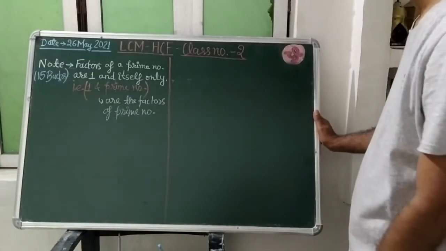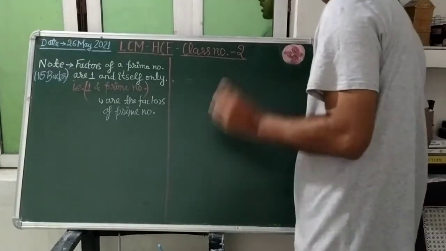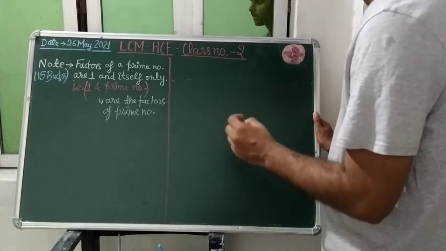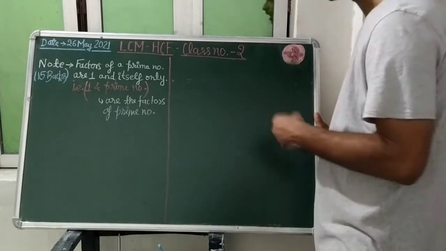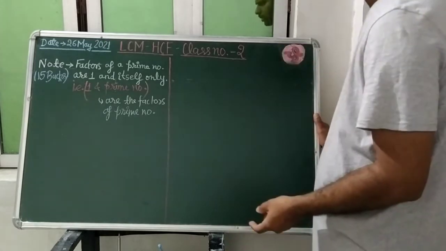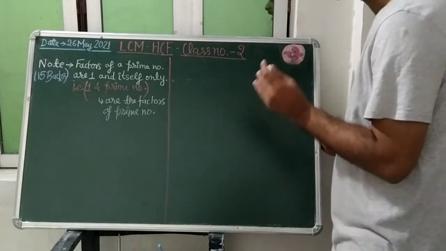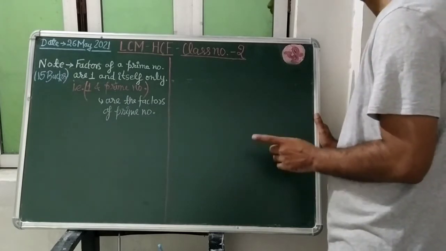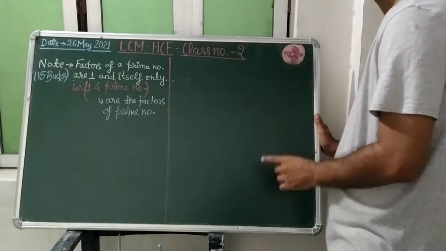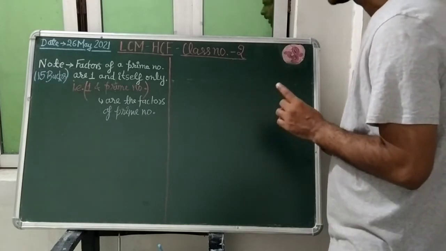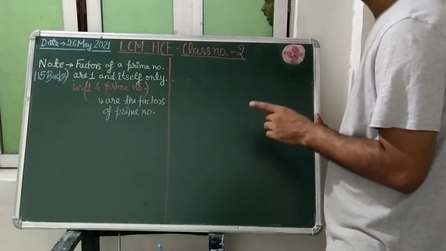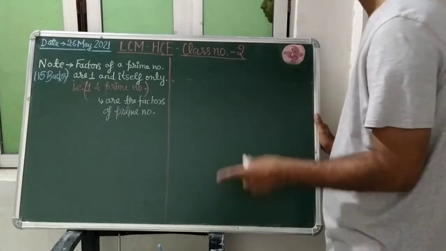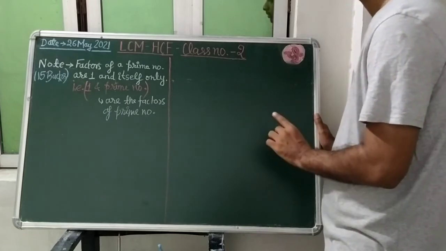Getting, students? So students, I was talking about the factors of 9, 10 and 11. We had seen that 11 is a prime number, so only 1 and 11 will be the factors of 11.